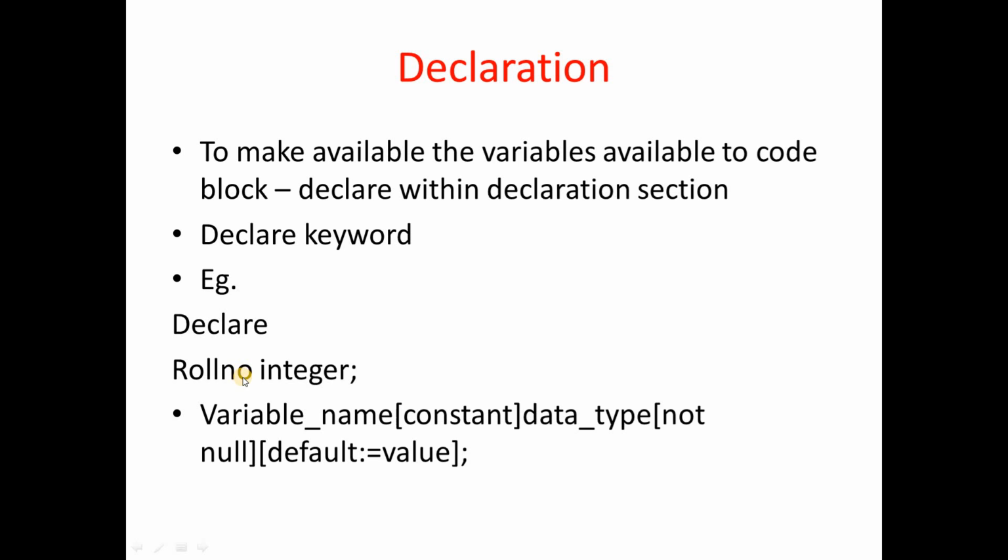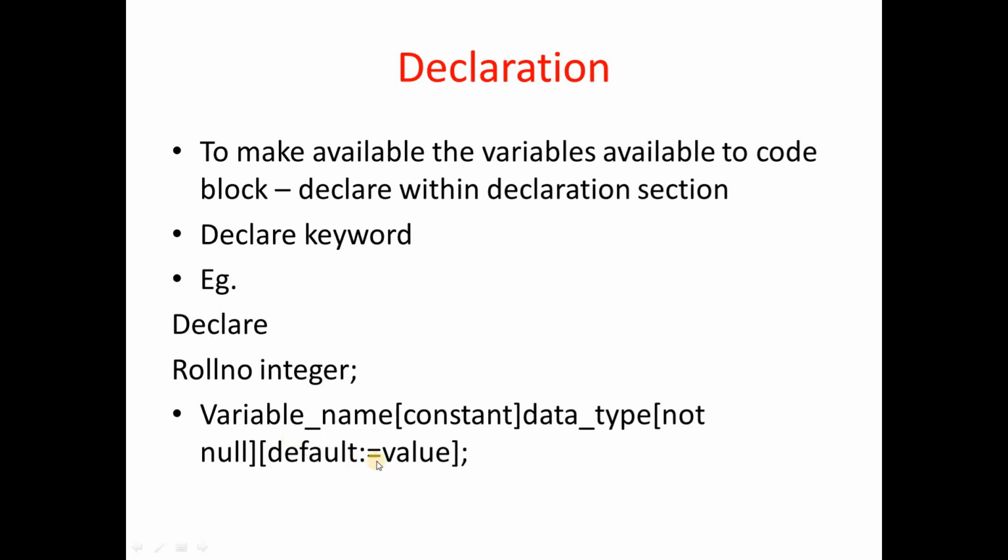If you want this roll number variable available in your code block, you have to declare it in the declaration section: the variable name, then the explicitly stated SQL standard type, which is integer. I hope you understood this.